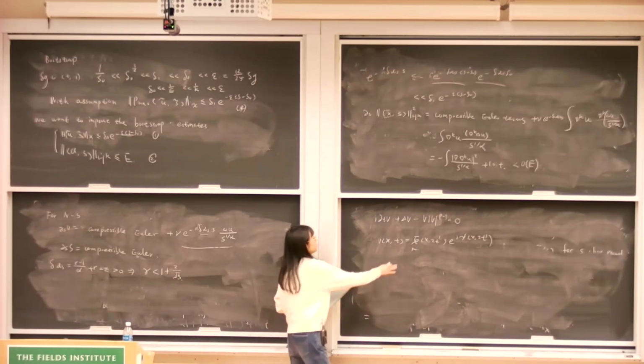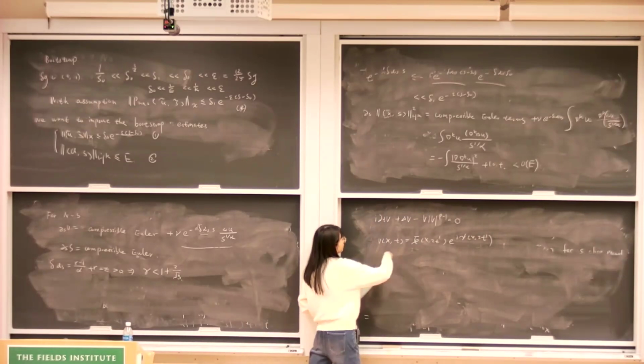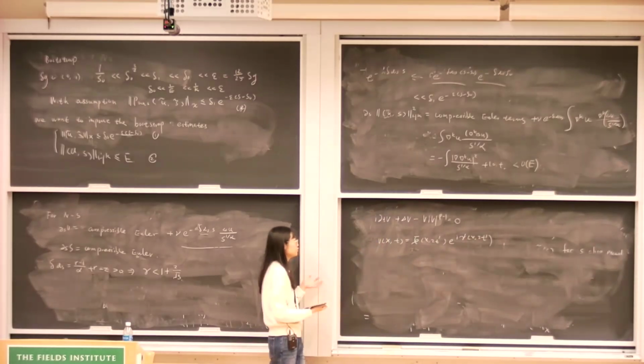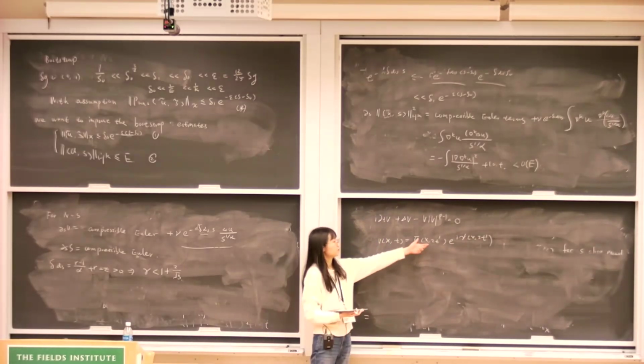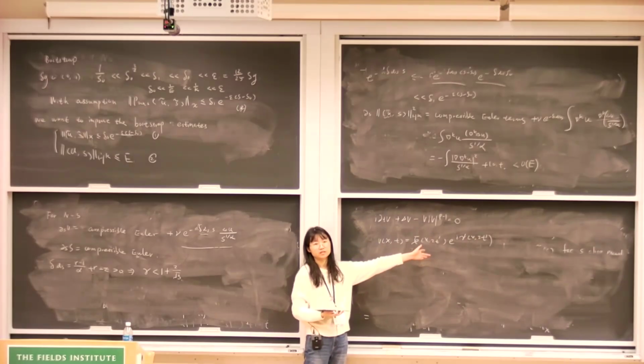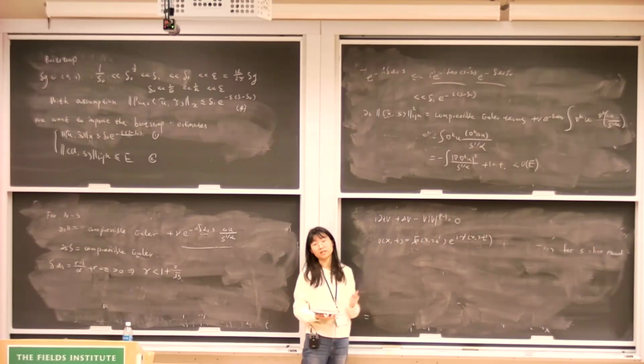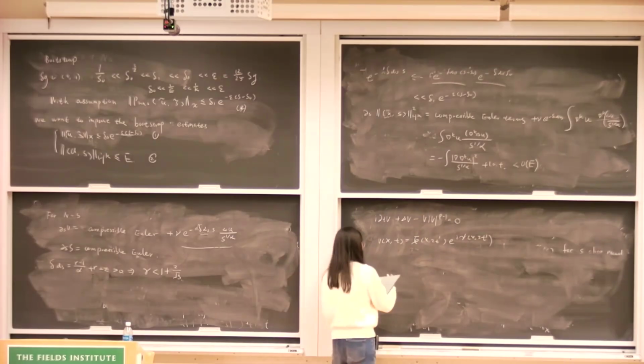If you plug in, every term will have an exponential e to the i phi, but in front of that, you will get a real part and imaginary part. So take the real part, you will get the equation for velocity, and take the imaginary part, you will get the equation for the density. So that's the compressible Euler.